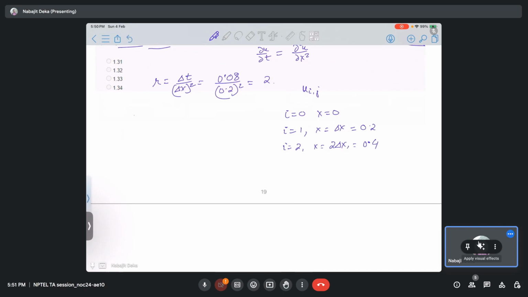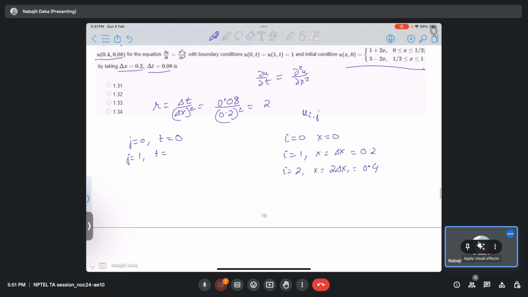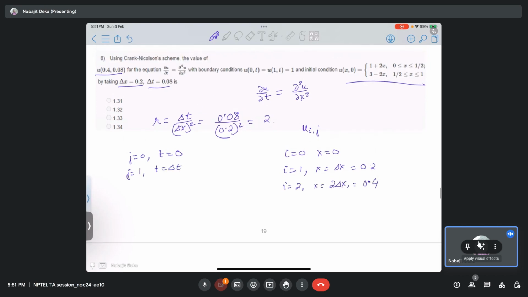Similarly, if we take j equal to 0, t equal to 0; j equal to 1, t is delta t, and delta t is given as 0.08.